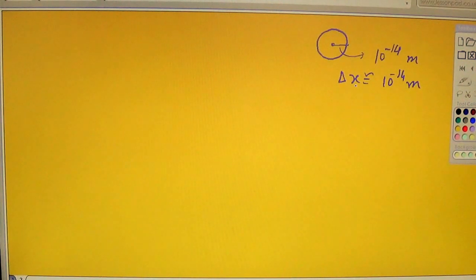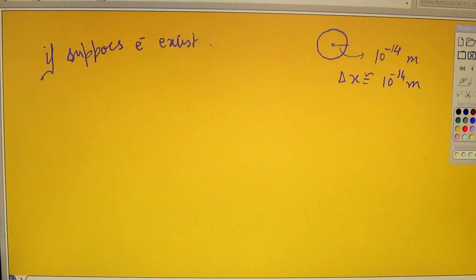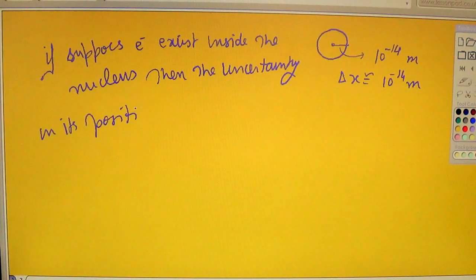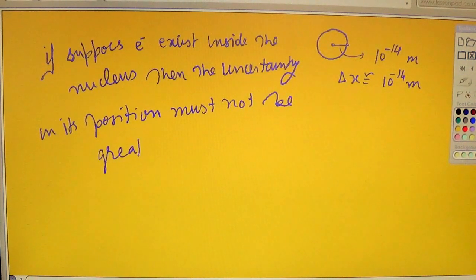If suppose an electron is confined within the nucleus, then the uncertainty in its position must not be greater than the order of its radius, that is 10 raised to the power minus 14 meter.